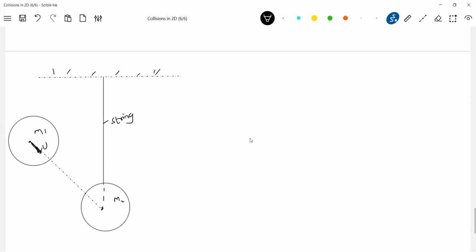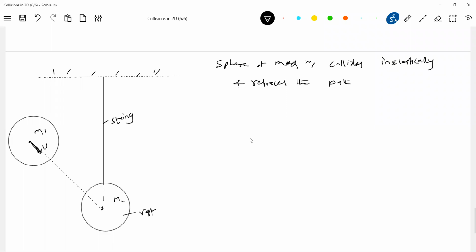There's a string. They are initially at rest. Now sphere 1 of mass m1 collides inelastically and retraces its path. Find the velocity of the spheres just after impact.